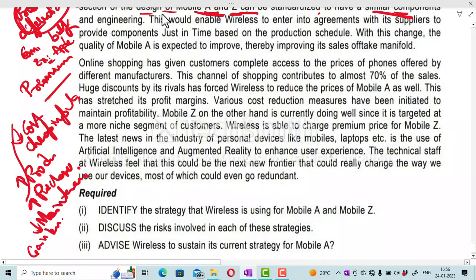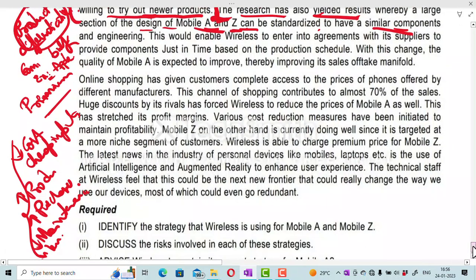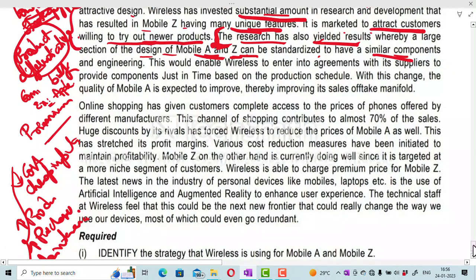We have answered all the questions, but let me finish the question first. In the last point, what they have given, they are using the same material for both A and Z, so that cost they can order in bulk and the cost will be reduced. So okay, purchase will be increased. Okay.